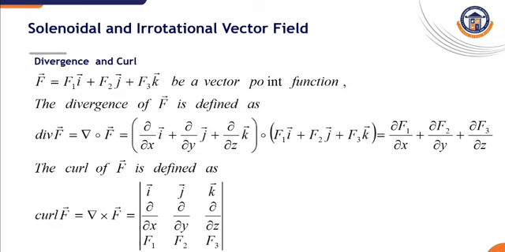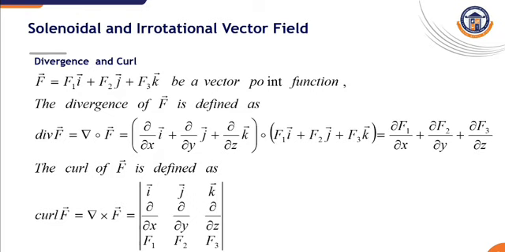We know that del means dou by dou x into i vector plus dou by dou y into j vector plus dou by dou z into k vector. The dot product gives dou F1 by dou x plus dou F2 by dou y plus dou F3 by dou z. The curl of F vector means del cross F vector.